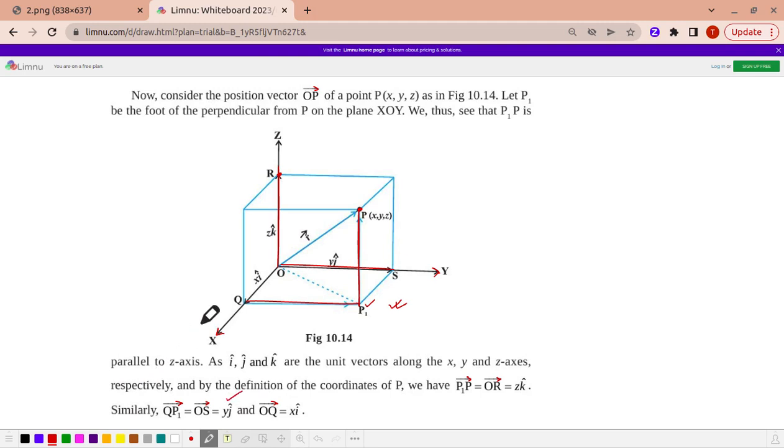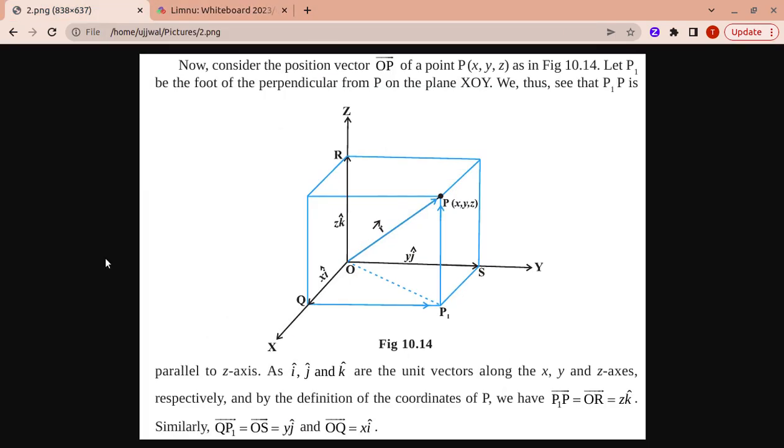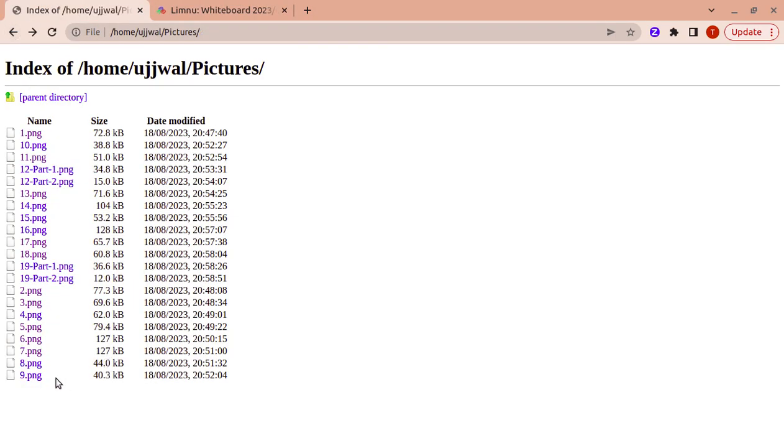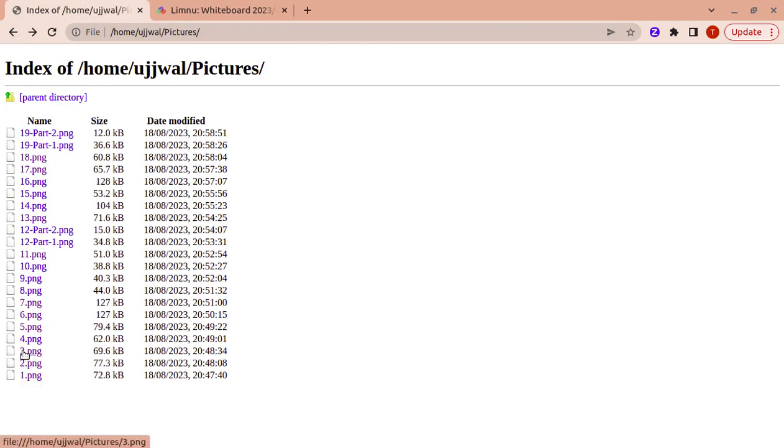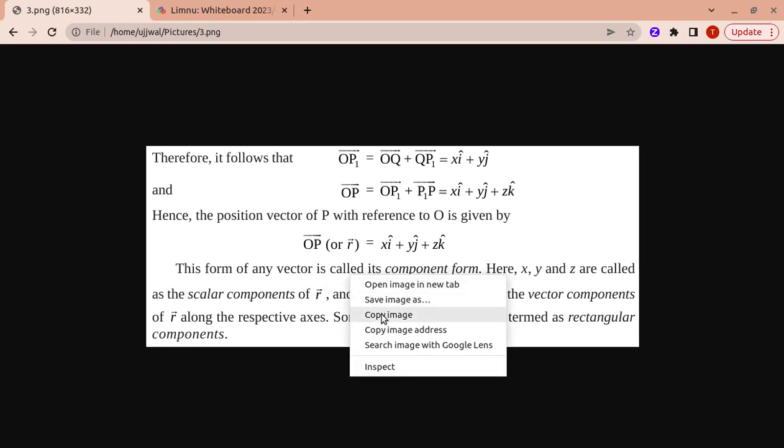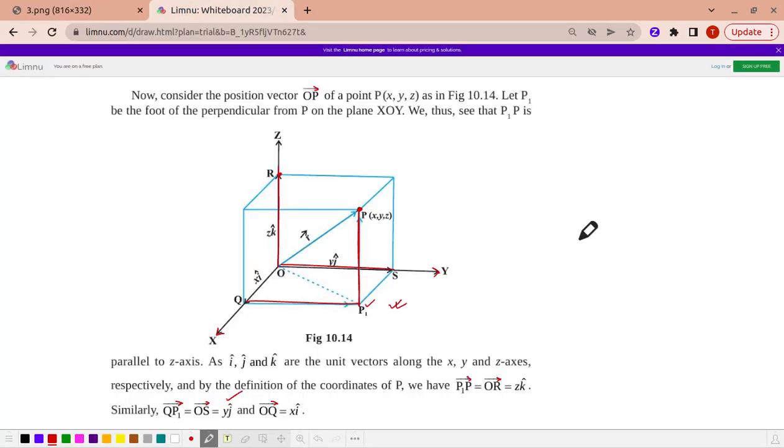Now dear students, what we are going to do is find OP. How are we going to find OP? Let me do it here only.